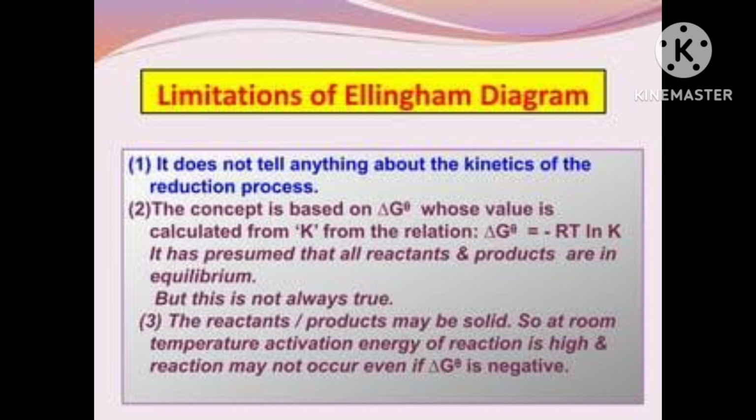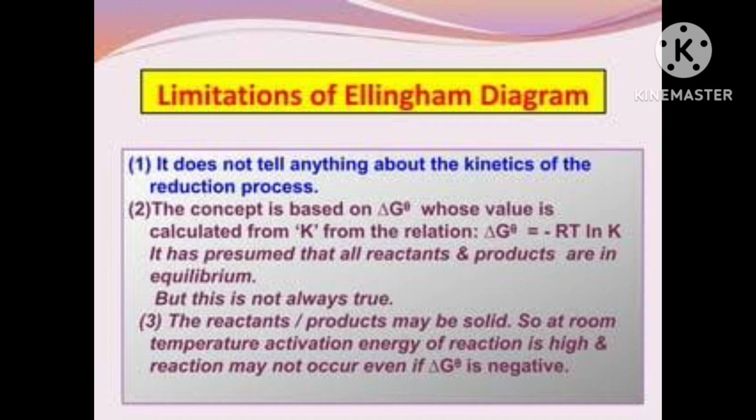In the Ellingham diagram, the plots of standard delta G for oxidation of a common metal and some reducing agents are given. Both when oxidation is there, obviously reduction will be there.